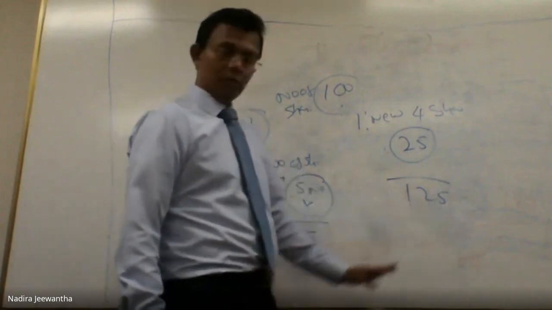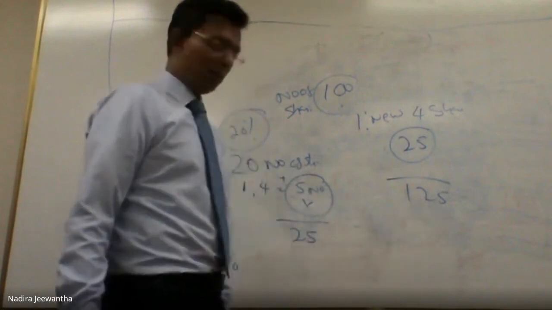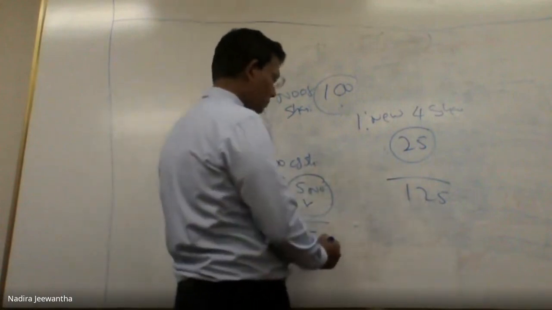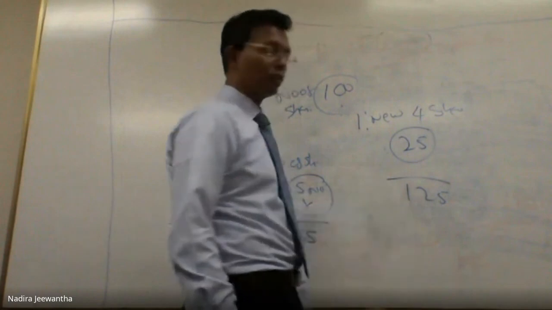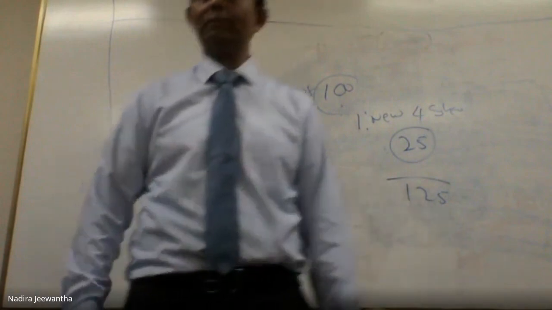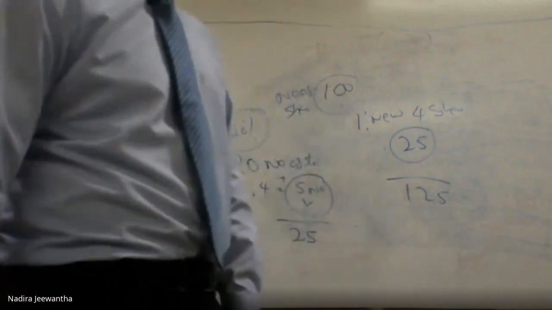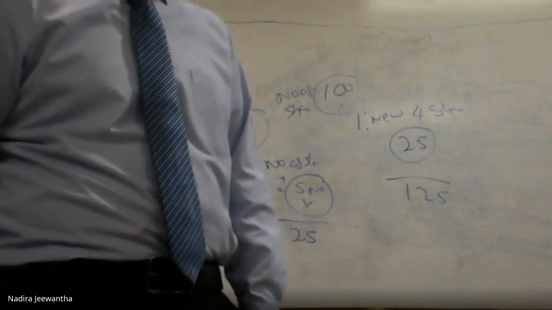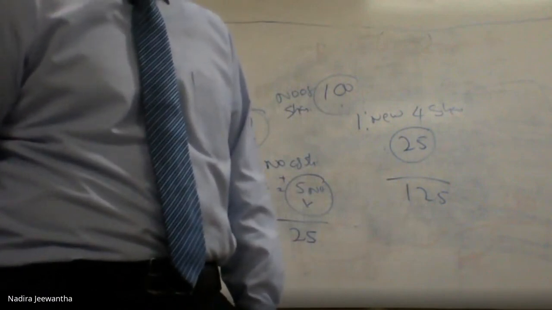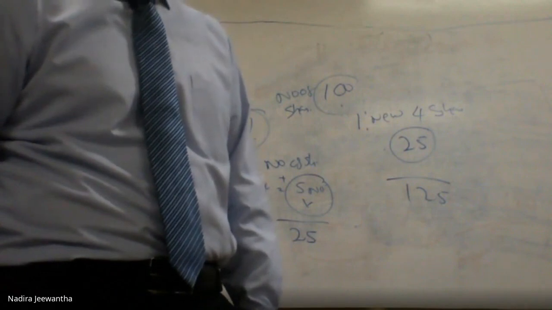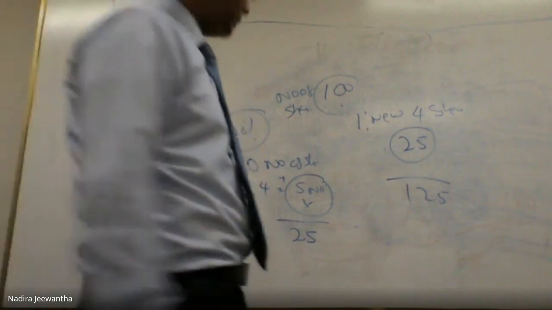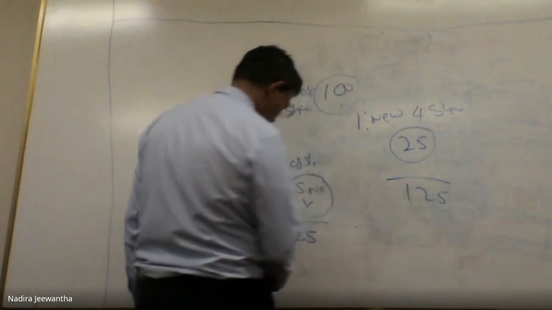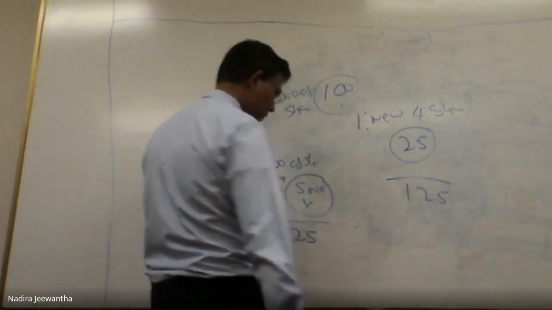So I'm now calculating my shareholding percentage. 25 shares out of a total of 125. What's the percentage? 25 divided by 125 into 100 is 20%. Shareholding percentage 20%.